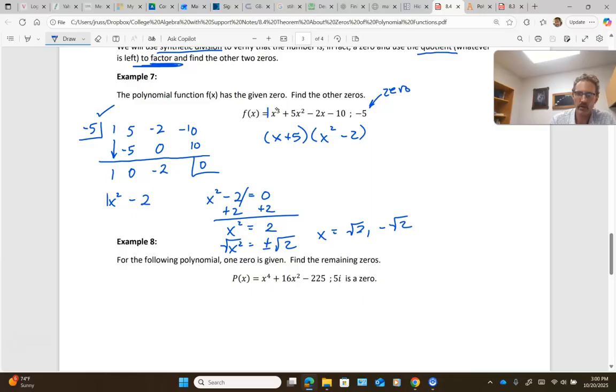The zeros are, I'll list them here, x equals -5, that one was given, positive square root of 2, and negative square root of 2. All of these are real numbers. So this third degree polynomial, this cubic, will cross the x-axis at all of these values. The square root of 2 is about 1.4.